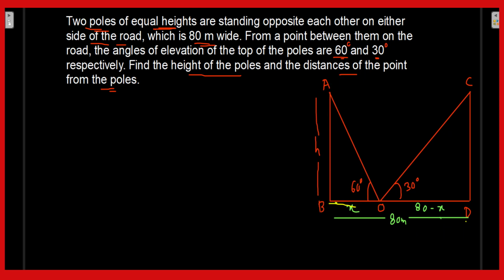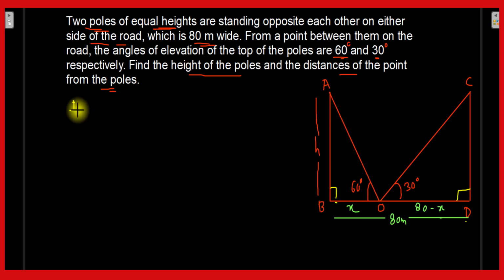This is triangle ABO, a right angle triangle, and the another triangle ODC, another right angle triangle. With the help of these 2 right angle triangles, we can find the height of the pole and the distance of the point of observation from the 2 poles. So first we will take this triangle ABO.